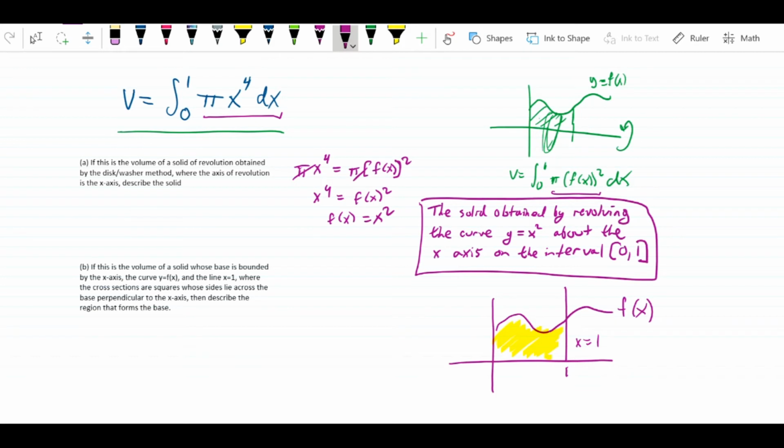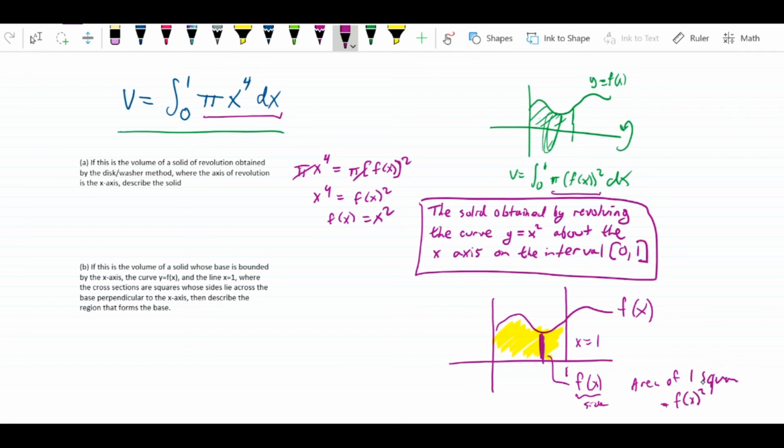And we know the cross sections are squares that lie across the base perpendicular to the x-axis. So what we want to do is describe what this region is. Realize that if this was the first example by slicing we did, and we have squares where the side of the square lies across the base like that, perpendicular to the x-axis, then the side had a length of f of x, and the area of one square was equal to f of x squared.